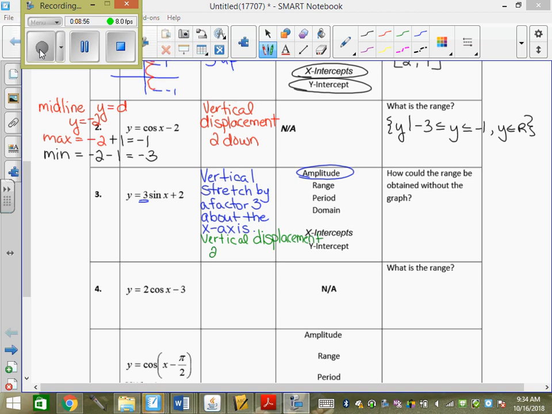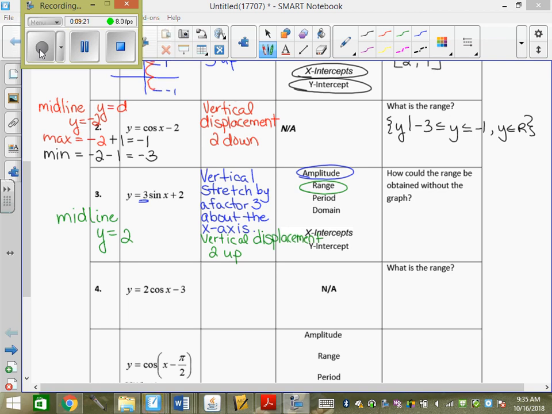Two up. What's our midline? What's the horizontal line that cuts this graph in half? Y equals 2. Did the range change? Our range is normally -1 to 1. Yeah. Did the period change? What's the only thing that changes our period?